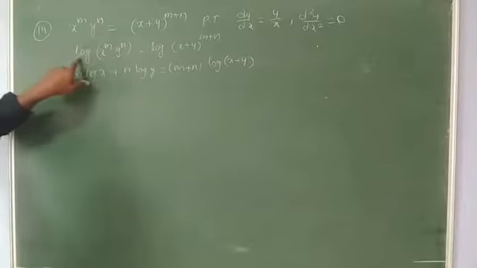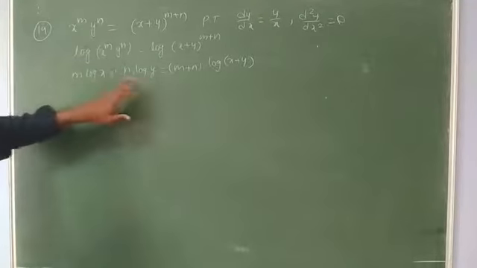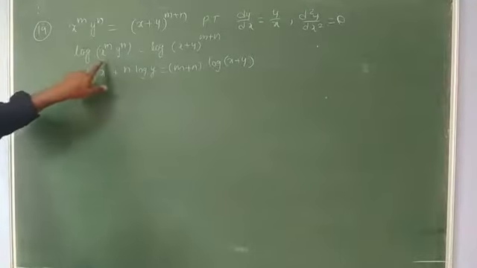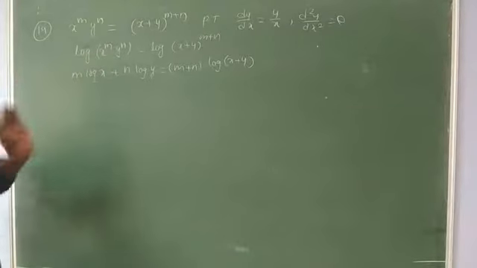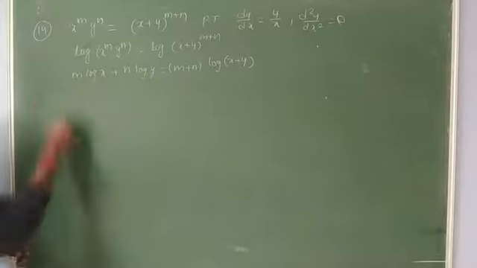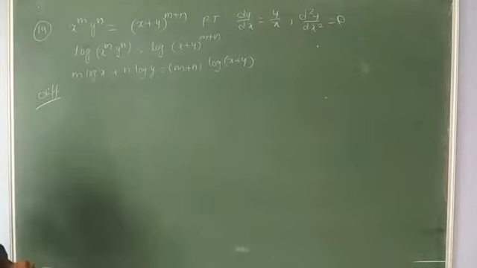So from here, log a into b can be written as log a plus log b, and log a is log x to the power of m. That's what we get, m into log x. Right. Now differentiate with respect to x.